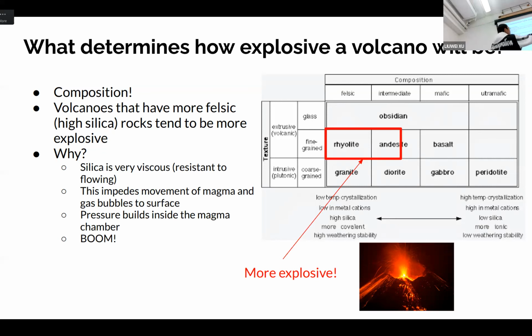So these two igneous rocks have more explosive volcanoes because they are more felsic. For the intrusive ones, because they are deep underground, they usually don't reach Earth's surface, so they are not dangerous.